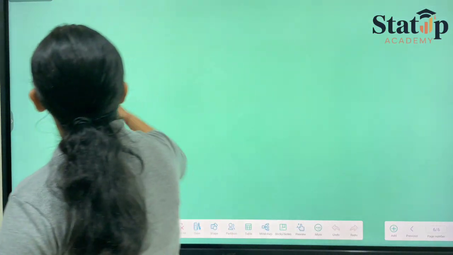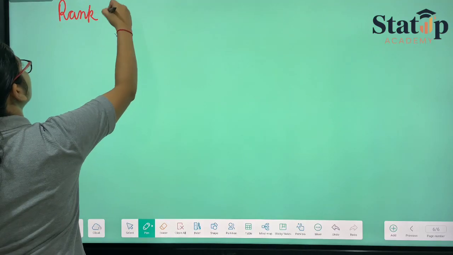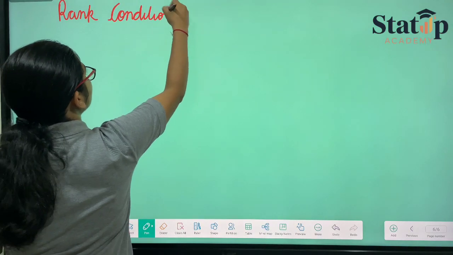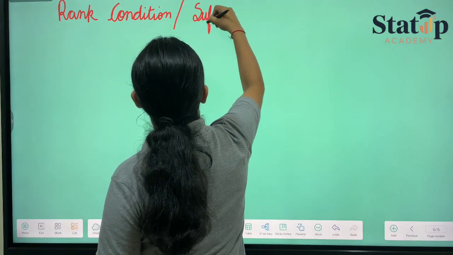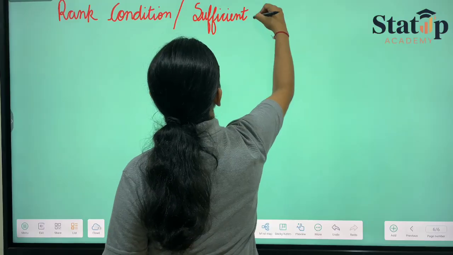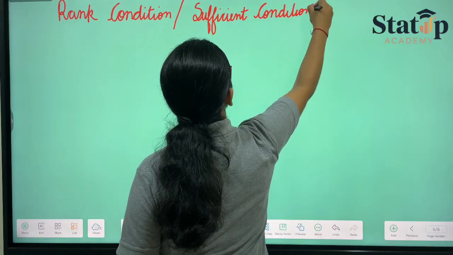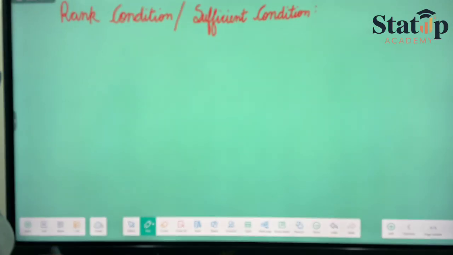Now the second condition is rank condition, also known as sufficient condition.